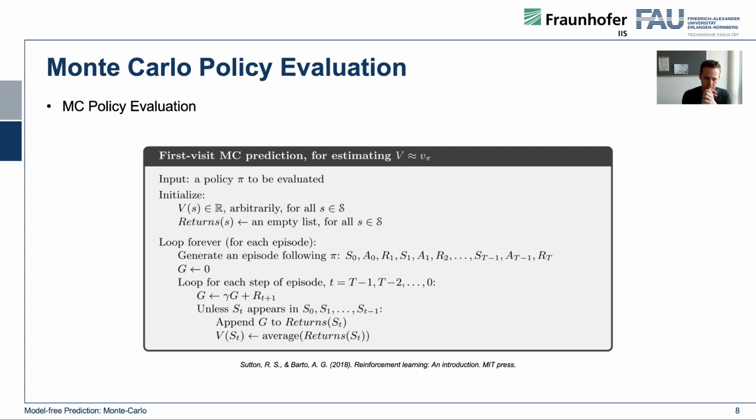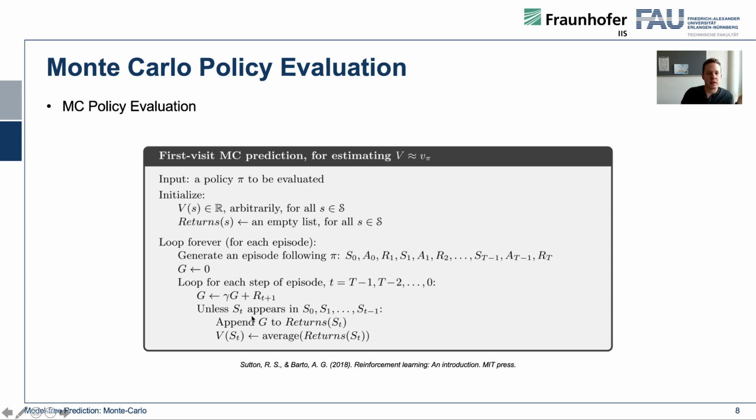You start at the back, and what this easily lets you derive is, for each of the states that you encountered through the episode from the back, the return, which is basically the discounted return of the state you're coming from, seeing from the back, plus the reward that you get transitioning from the state to the state you're coming from. This is basically the return for the current state.